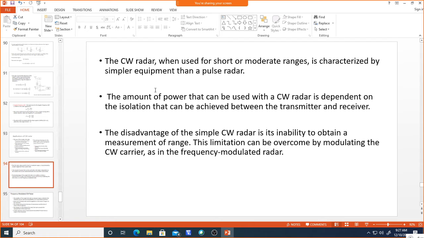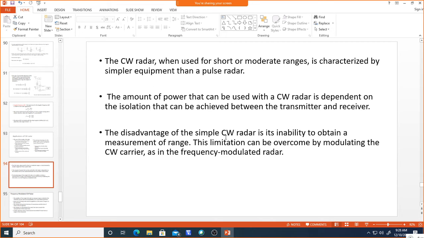If you reduce the transmitter power, range cannot be achieved, but the noise at the receiver will be reduced. But if you increase the power, it will leak as noise into the receiver, and an isolation problem will come between transmitter and receiver. So you need to compromise either the range or the power in the continuous wave radar.